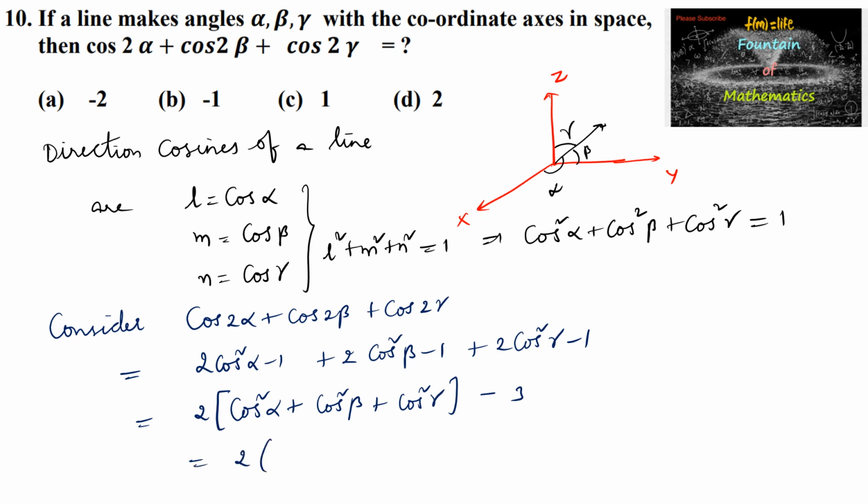Since we know that cos square alpha plus cos square beta plus cos square gamma is equal to 1, so 2 into 1 minus 3. That is 2 minus 3, which is negative 1. So we can say that cos 2 alpha plus cos 2 beta plus cos 2 gamma is equal to minus 1 when alpha, beta, gamma are the angles made with the coordinate axes in space. So we can go with option B.